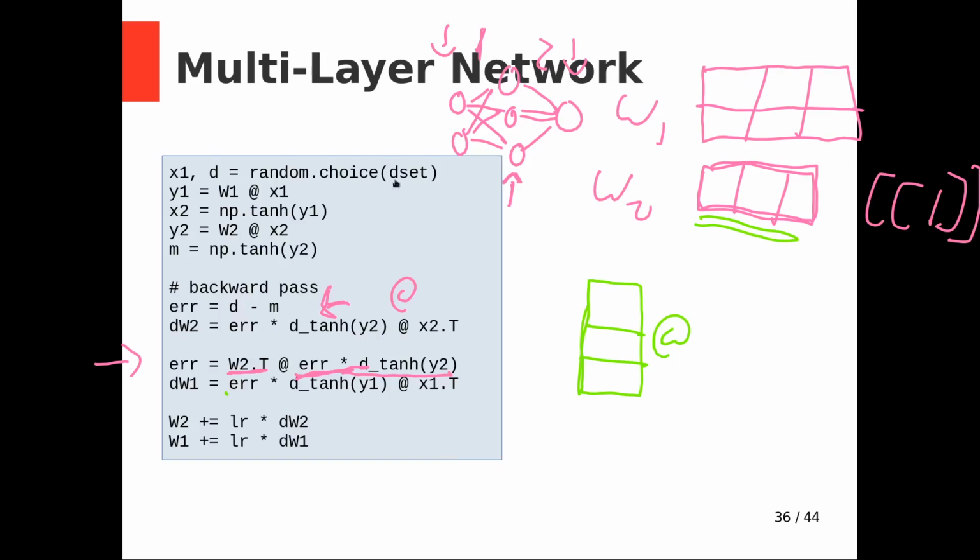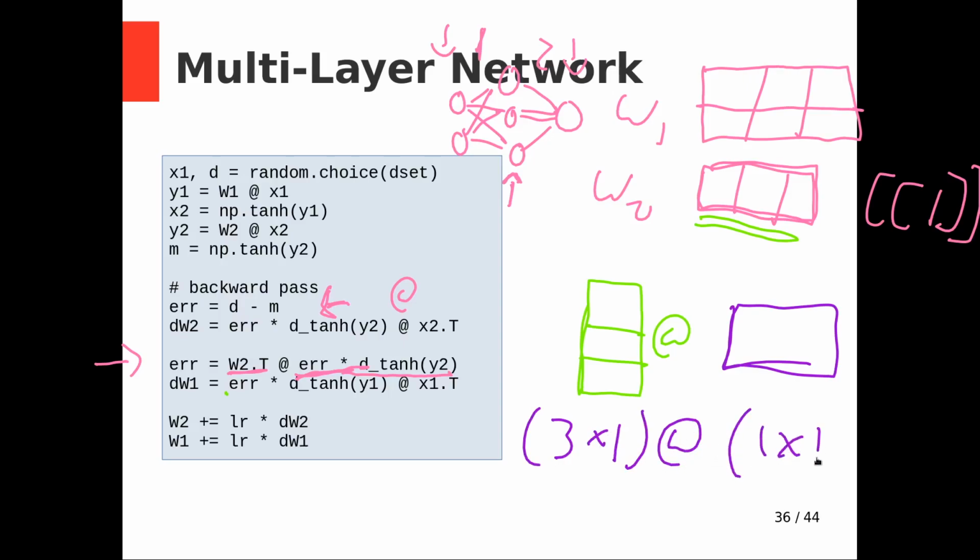What was our previous error? Our previous error, right, was that 1 by 1 matrix. So again, now we're going to get a 3 by 1 times a 1 by 1, and that's going to produce a 3 by 1 matrix, right? And that's what we're going to assign to backprop error.